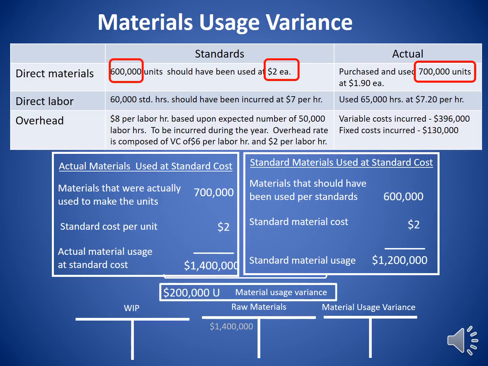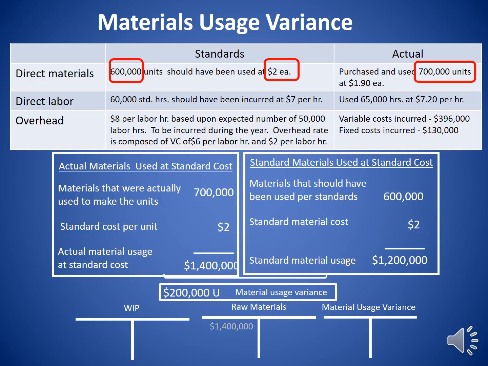Now we compare that to the standard materials used, or when I say standard materials, the materials that we expected to use with this current production level, and we value them at standard cost. So materials that should have been used per our standards were 600,000 units. The standard material cost is $2 a unit.